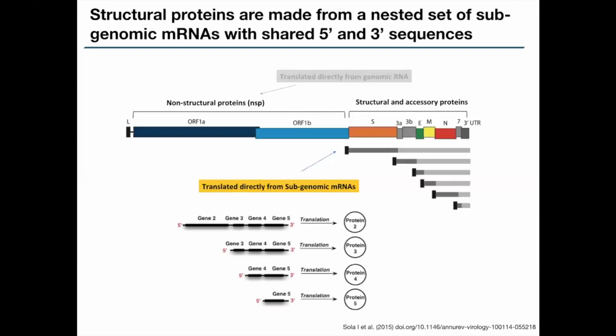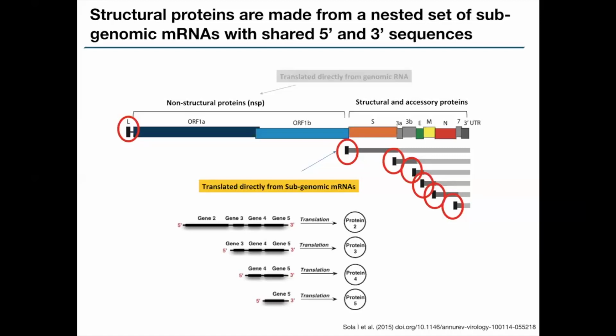How this happens is quite fascinating and involves another feature, which I hope you have noticed here on these RNAs that I've drawn, and that is that in addition to being 3' coterminal, all of them have the exact same sequence at the 5' end, and that exact same sequence is the same as at the 5' end of the genomic RNA, called the leader or L sequence.